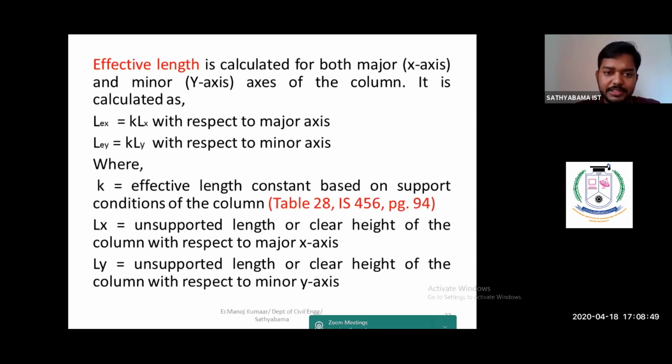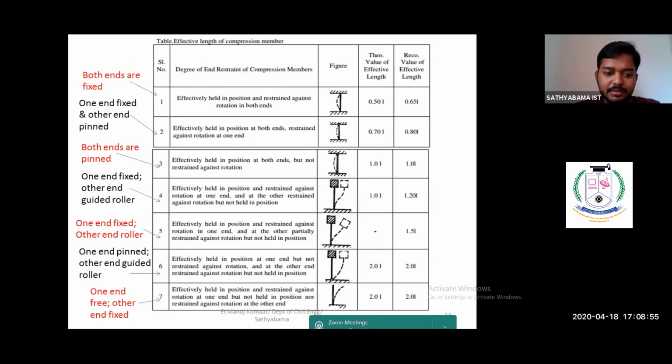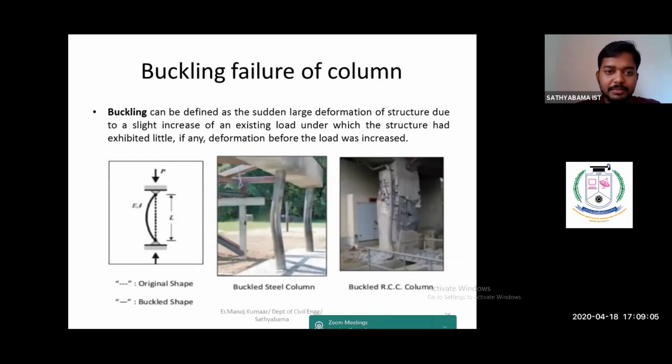And effective length with respect to both X and Y axis. And we have discussed the effective length of compression member based on 7 types of columns from IS 456 2007. And then buckling, then minimum eccentricity.